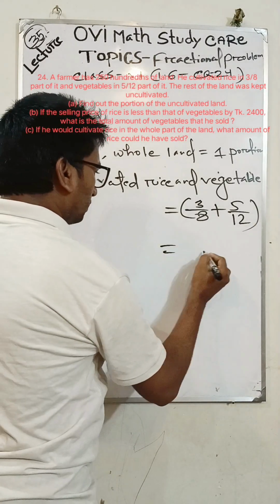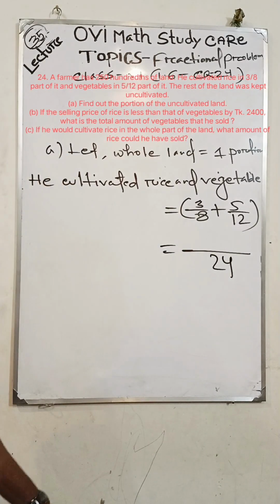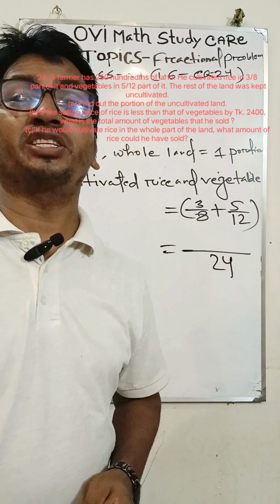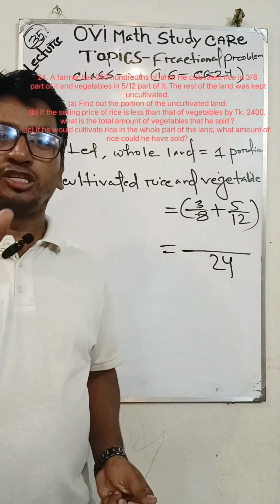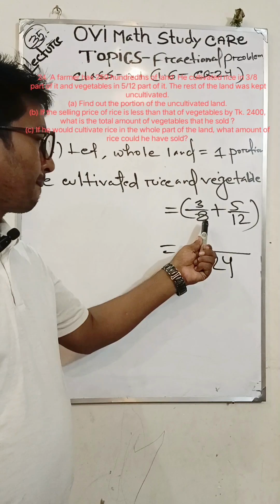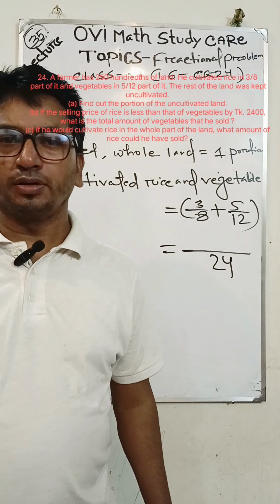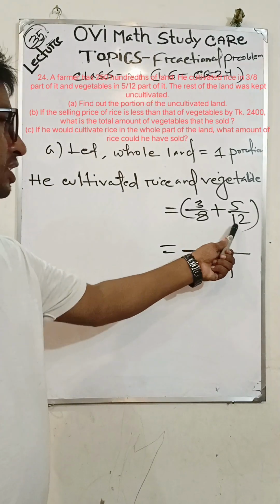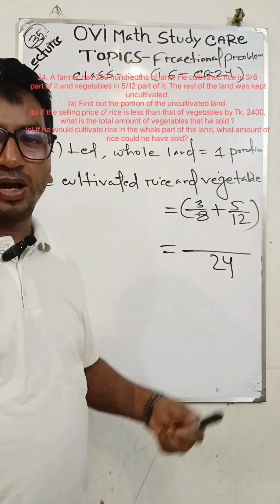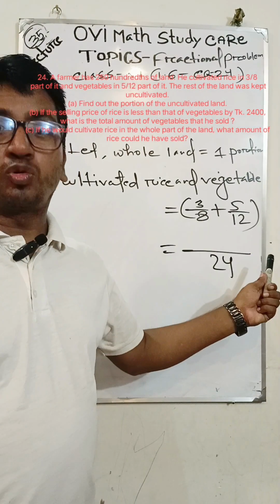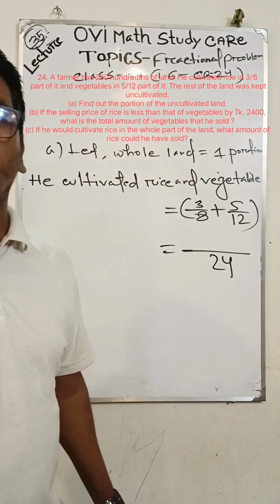So adding this, we need the LCM of 8 and 12. What is the LCM? There is a process: if the larger number is divisible by the other number, the larger number will be the LCM. But the larger number 12 is not divisible by 8. So we take the next multiple of 12, which is 24. 24 is divisible by 8, so 24 is the LCM.